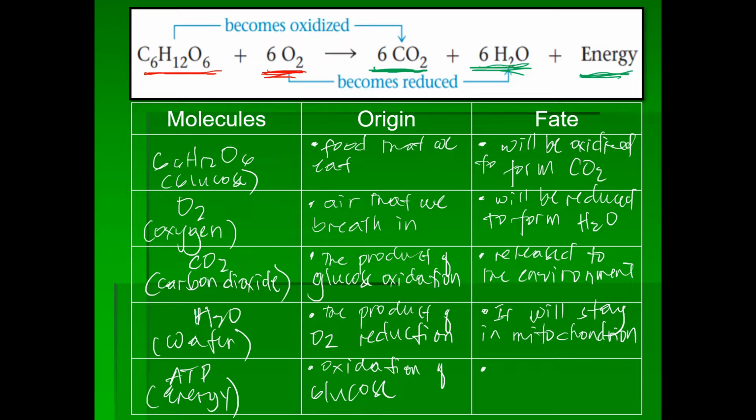The ATP produced represents the energy, so it will be used by the cell to perform cellular work. So this table summarizes to us the origin and fate of the reactant molecules as well as the origin and fate of the product molecules. Okay, so now let's continue.